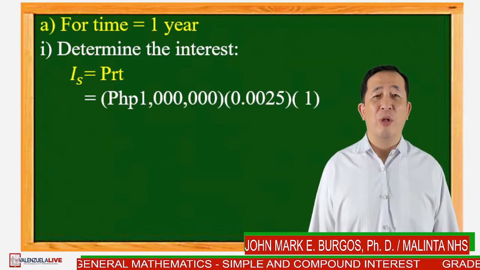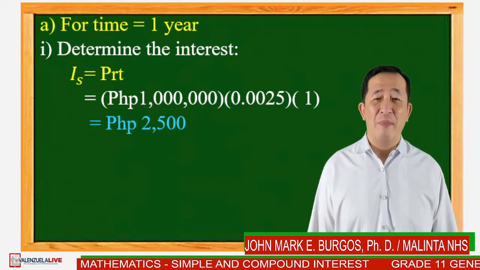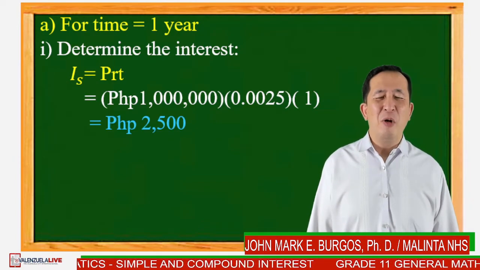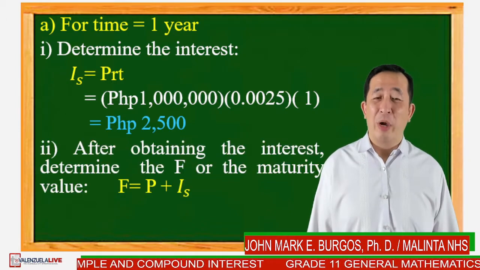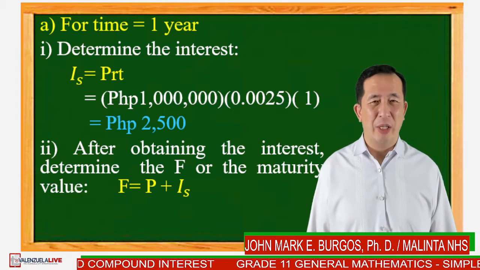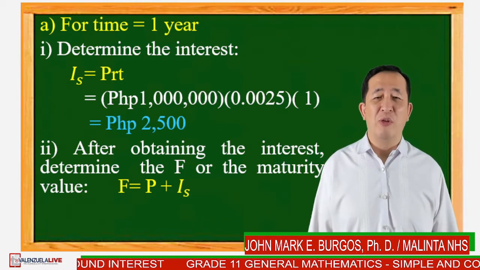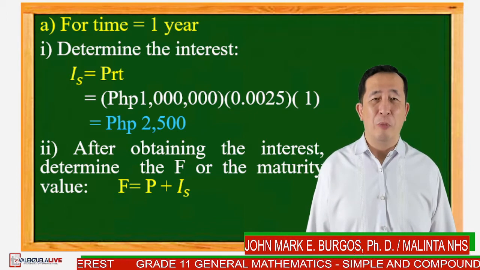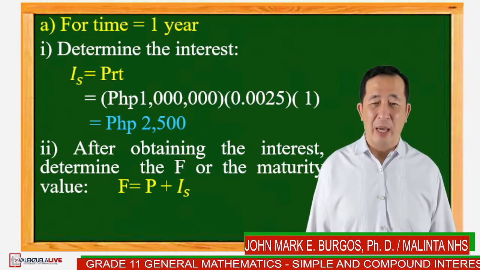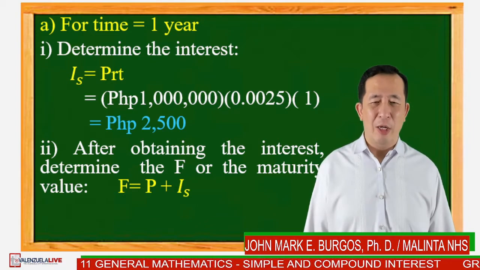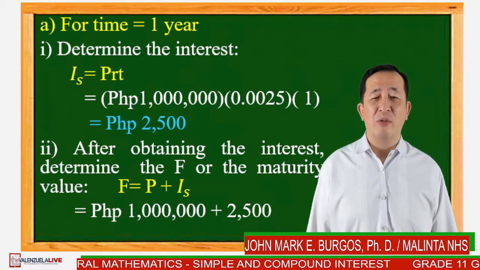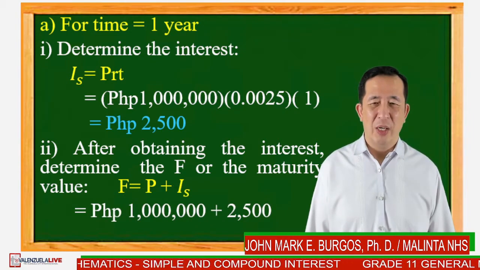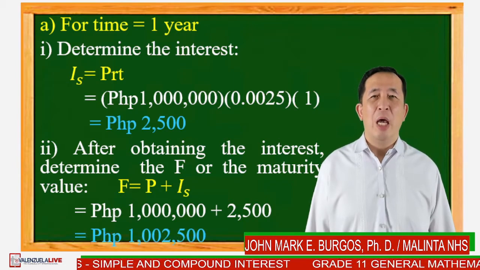The interest will be 2,500. After obtaining the interest, we have to determine the F, or the maturity value. So we use the formula F is equal to P plus I, or 1 million pesos plus 2,500 pesos.